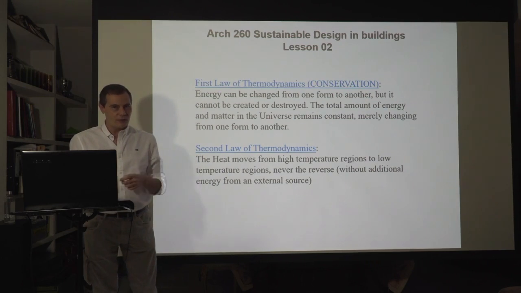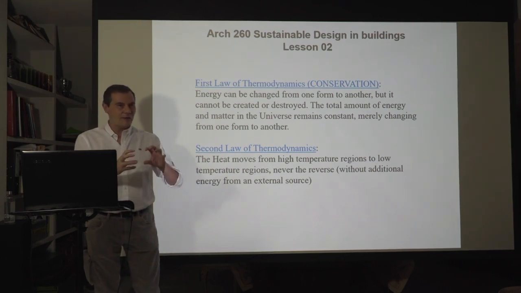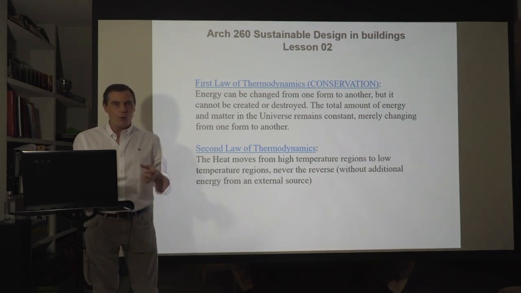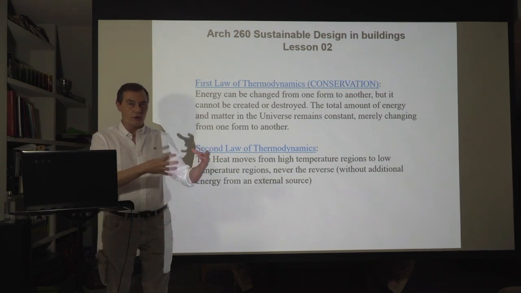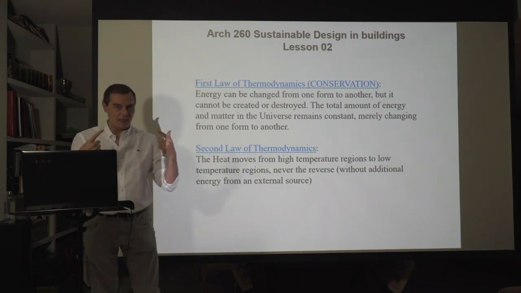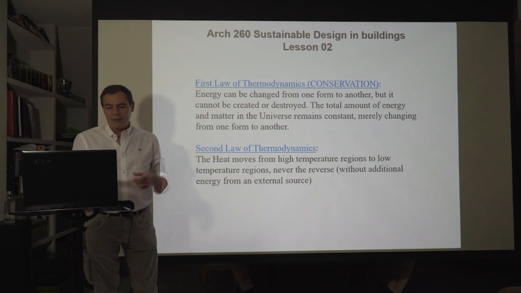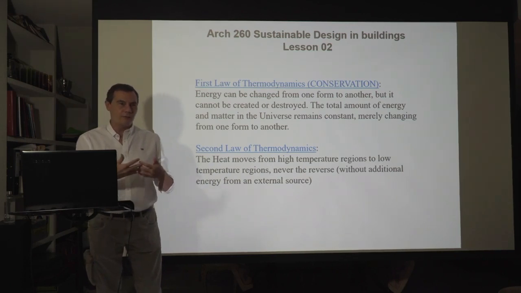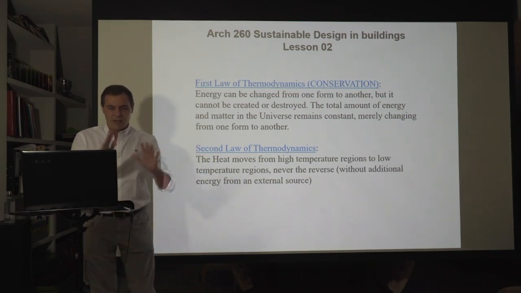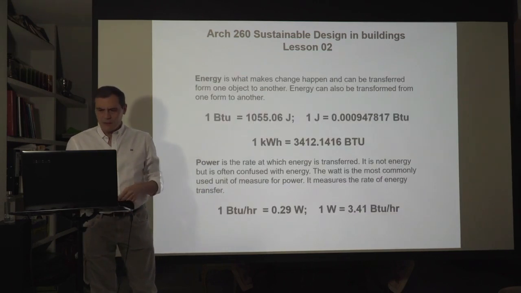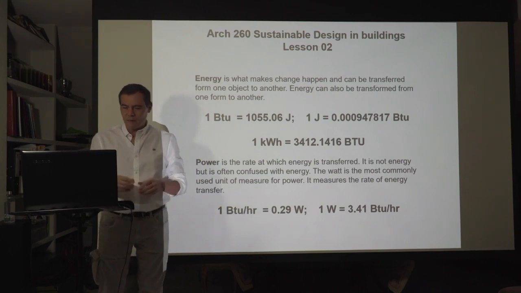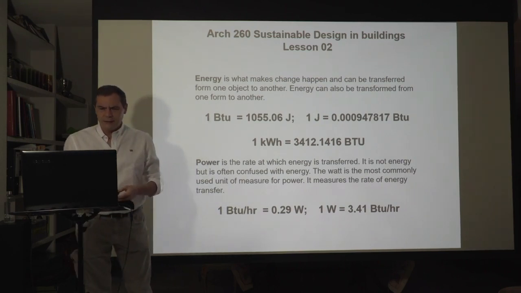By using electricity, which is another form of energy, we can transfer heat from somewhere that is cold to somewhere that is hot. It's like magic. But we need additional energy, so basically we need electricity. It might seem complicated, but it's not. Well, it is complicated, but at the end you will get to know that.